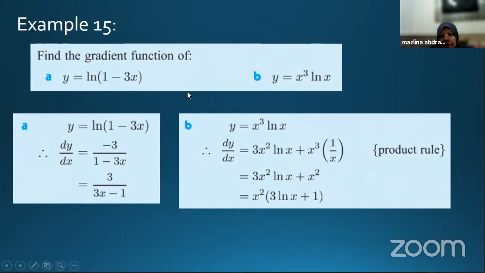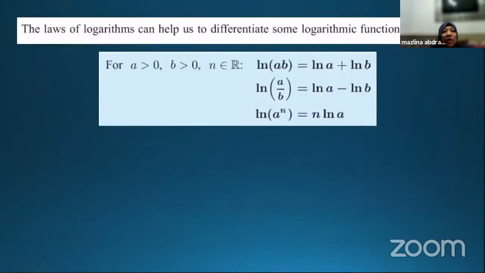No problem. Okay. Next. The laws of logarithm can help us to differentiate some logarithmic functions more easily. So here, a is greater than 0, b is also greater than 0, and n is an element of the real numbers.